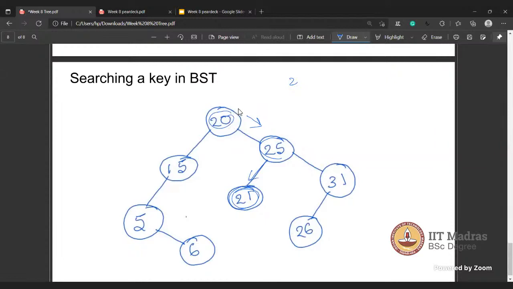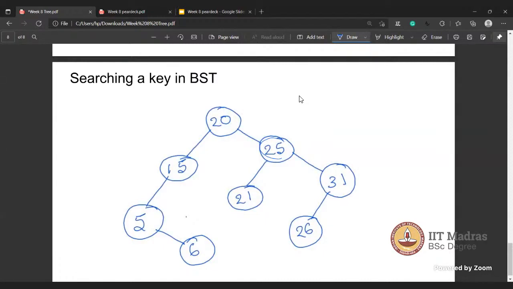Sir, what would the search return? Search will return the value if it is available in the tree, then that number will be returned.